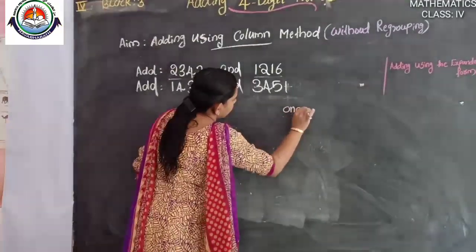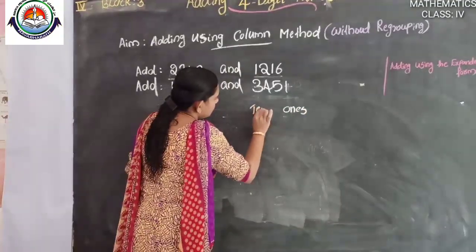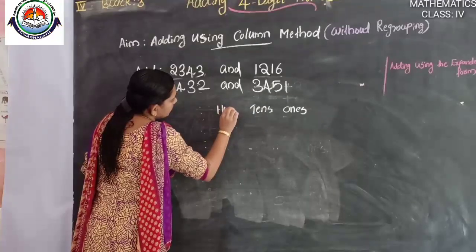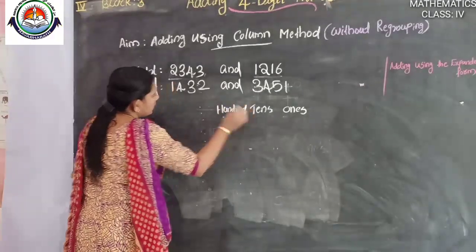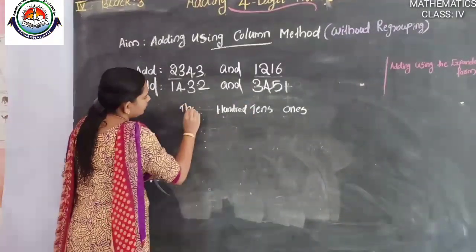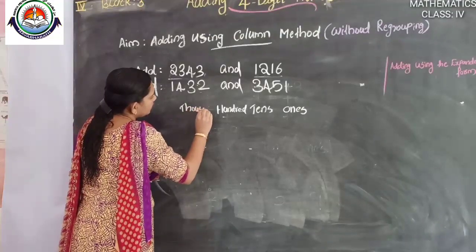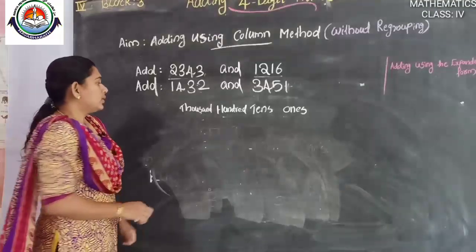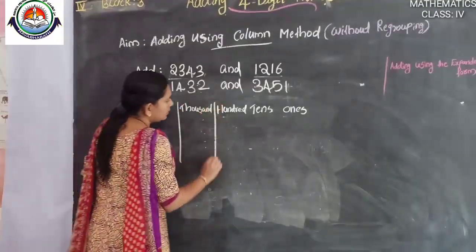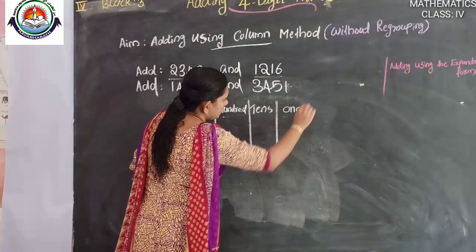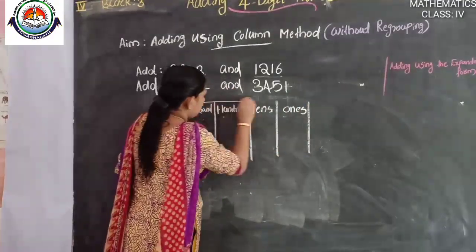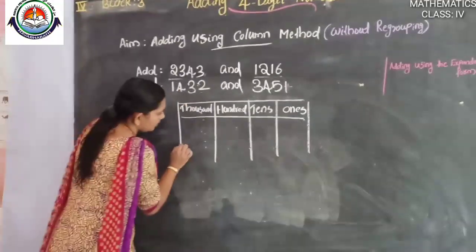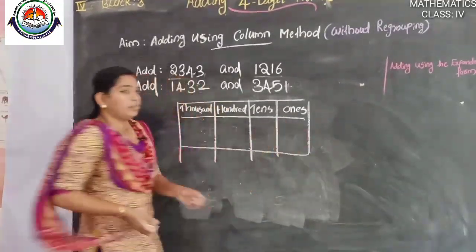Ones, tens, hundred, thousand, okay. Then ones place.